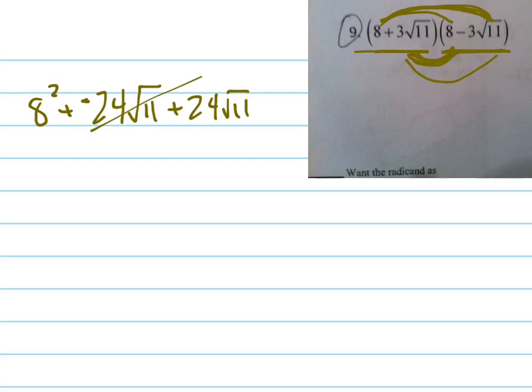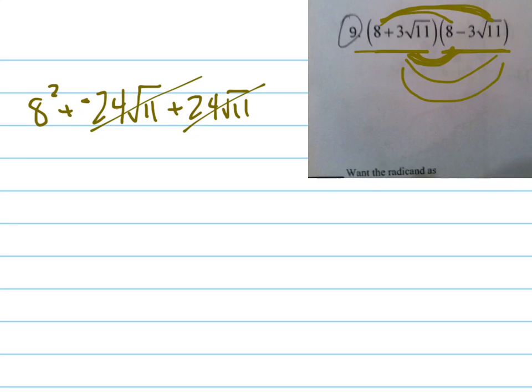So here's what we're going to have. 8 squared, 8 times 8, plus, let me redo that, negative 24 root 11, that's the first and the last, and then your inside terms are going to be a positive 24 root 11, and that's why those cancel out.